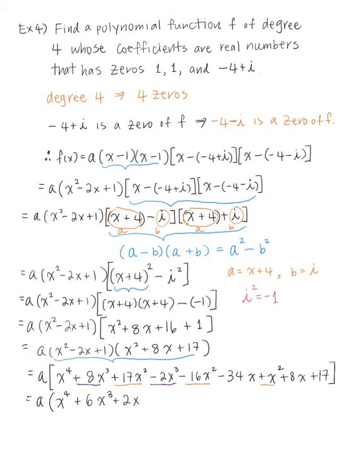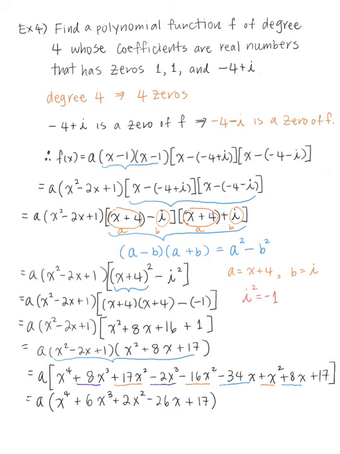And then what about the x's? Oh, sorry, that's 2x squared. All right, and then the x's, where are the x's? Okay, so we got negative 34x and then plus 8x. Is that negative 26x? And then the constant term is just plus 17.